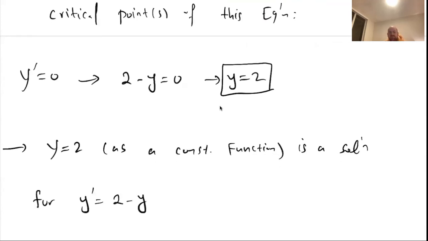Because if y is the constant function 2, then y prime is 0, of course. The derivative of a constant function is 0, and 2 minus y will also be 0. If y is always 2, 2 minus y will always be 0, and y prime will be equal to 2 minus y. And we said that this type of solution is called an equilibrium solution.